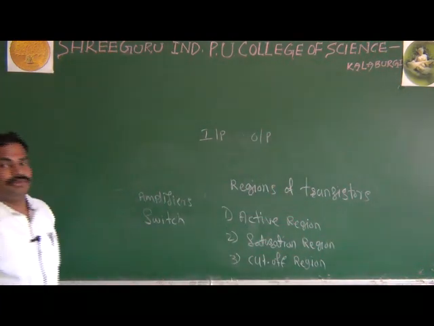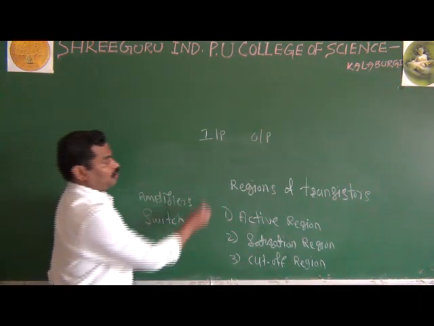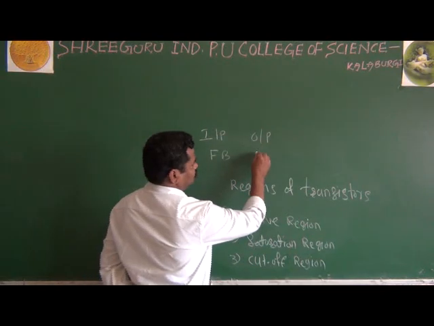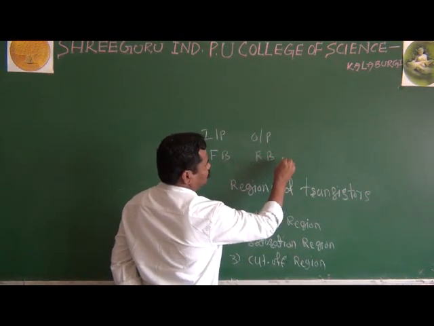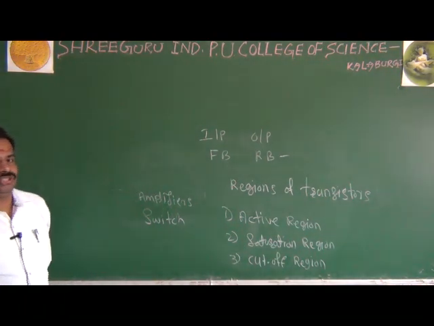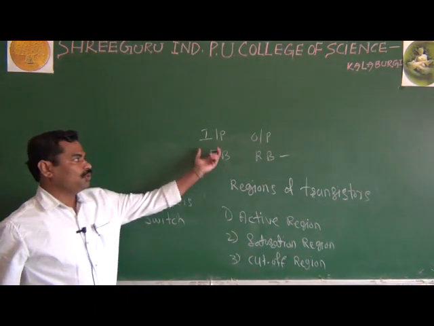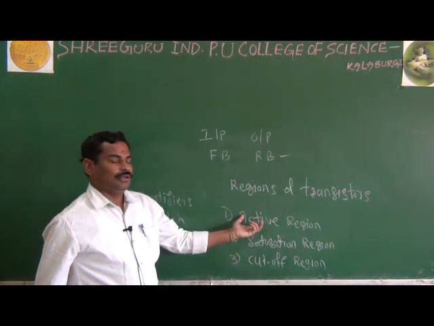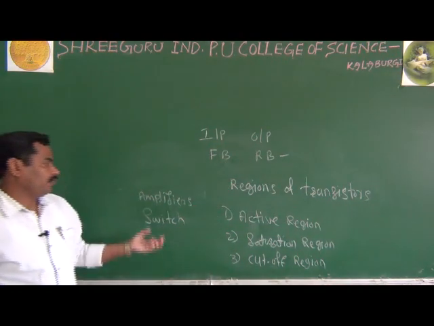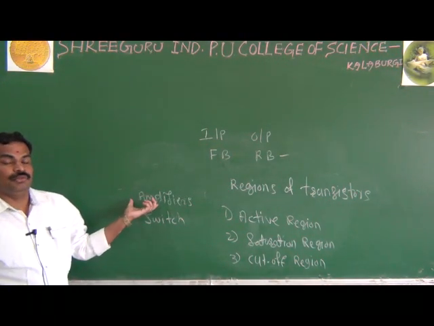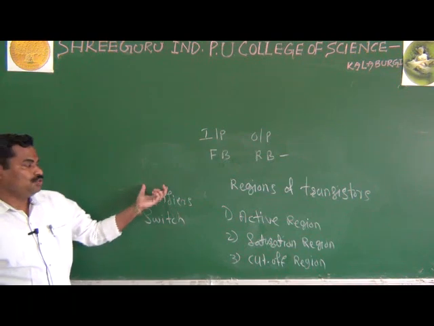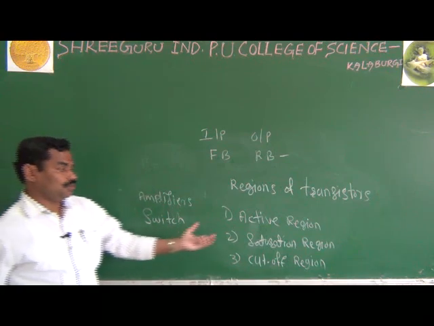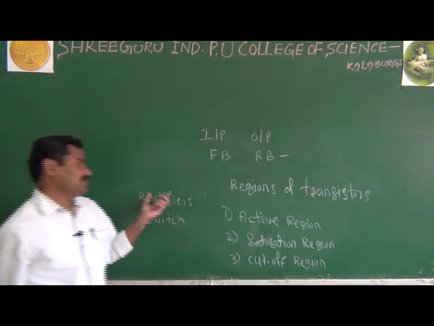In the transistor, if the input is forward biased and the output is reverse biased, this is the active region. Only in this region does your transistor act as an amplifier, the most important application of the transistor. In which region is the transistor used as an amplifier? Only in the active region.